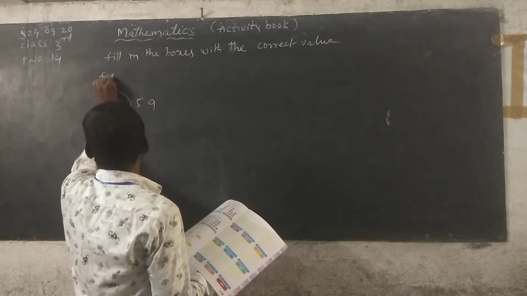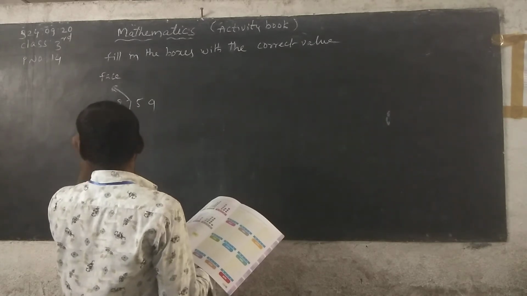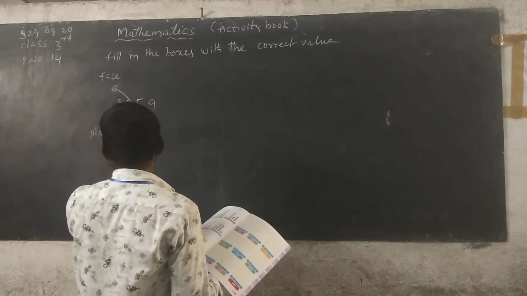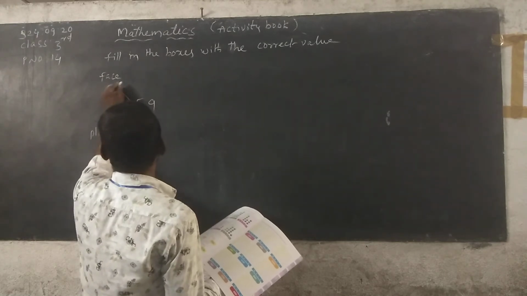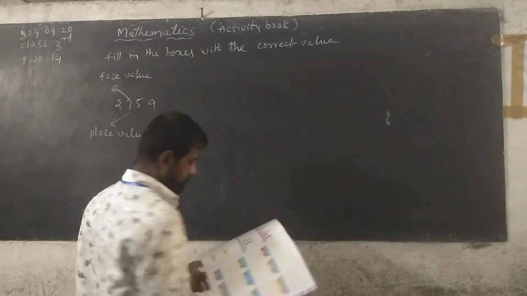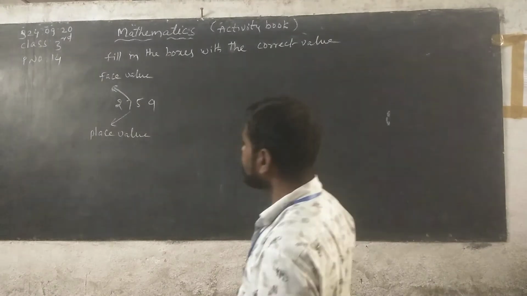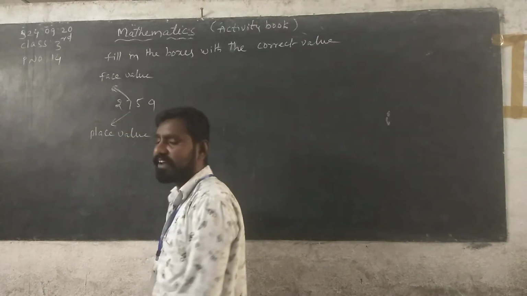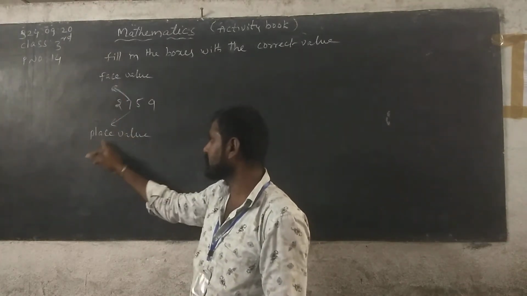Face value, place value. See here, 2759 is the given number. You can find out the face value of 7 and the place value of 7.